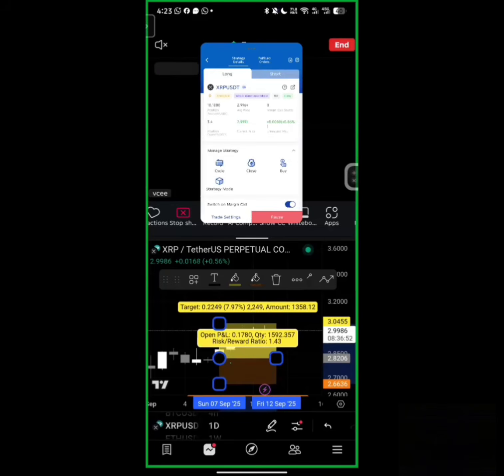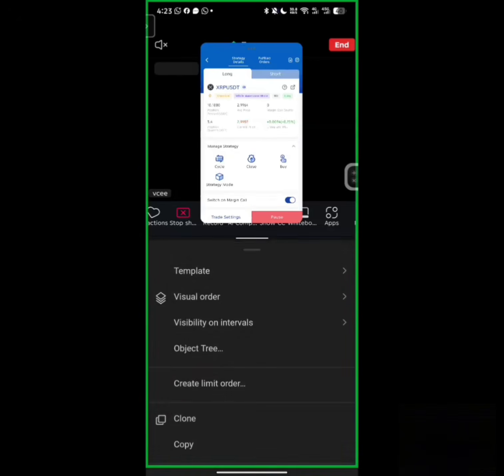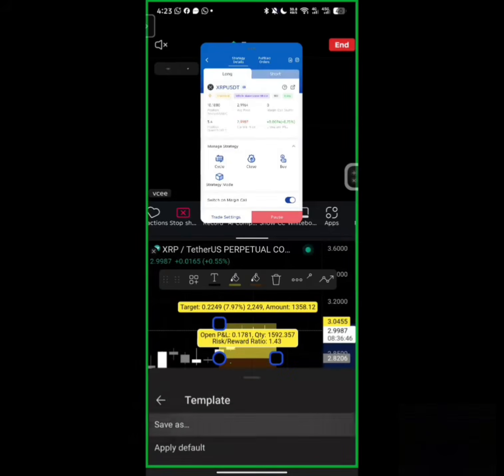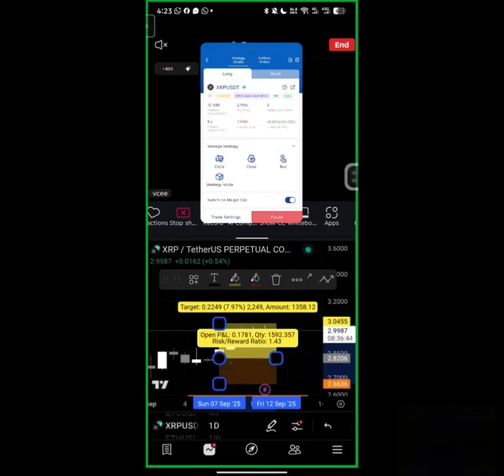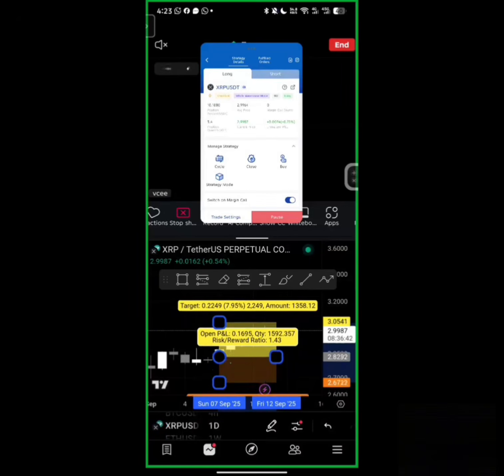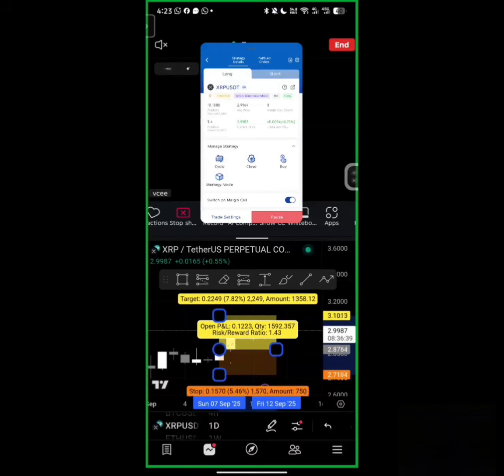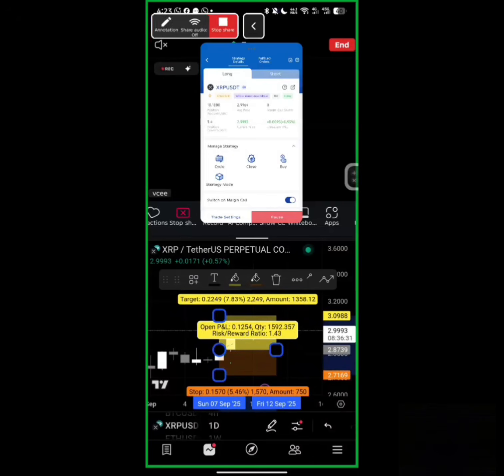Oh, I've moved that. Okay, somewhere around 5.4 here. So you can see that the stop loss is 5.4%.